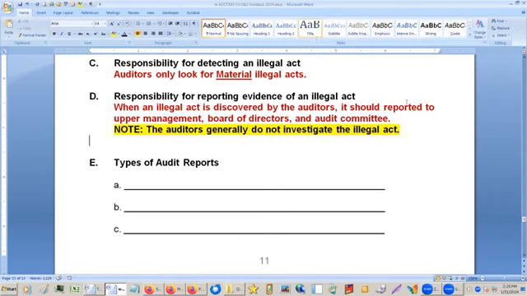So you find an illegal act, you don't do the investigation. Investigating illegal acts is a separate activity by itself. You're reporting to the board of directors and the upper management and the audit committee. If it involves upper management, you're not going to include them. You're just going to go to the board of directors or audit committee. But the auditors generally are not the ones to do it.